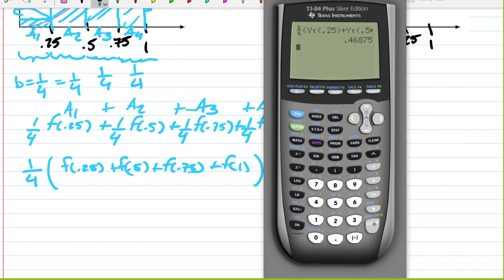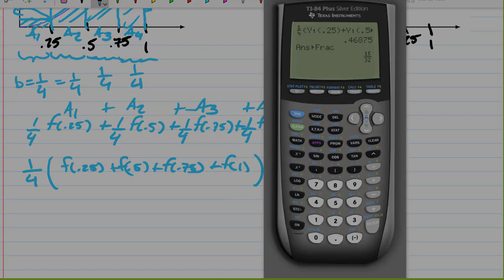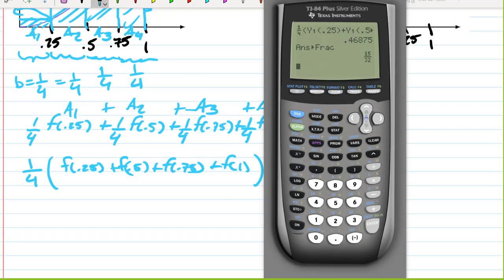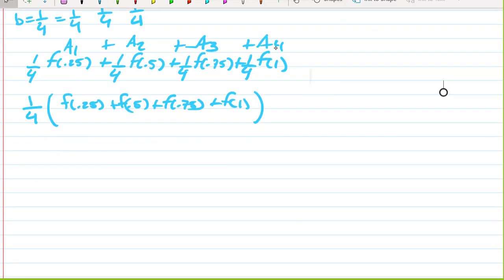And we press enter, and our calculator thinks for a second, and we get a decimal, or if we press math and choose fraction, we get 15 over 32 is our approximation of the area underneath that curve.